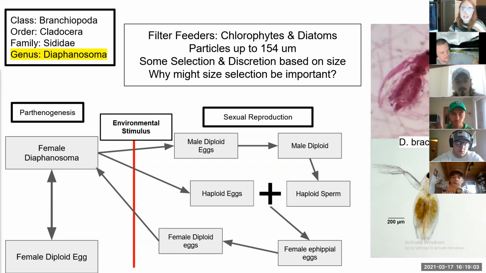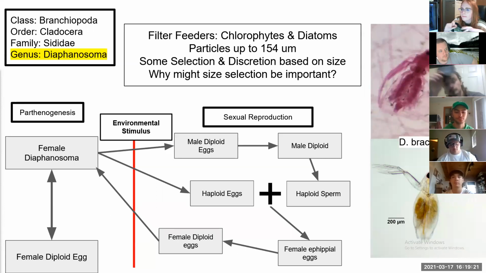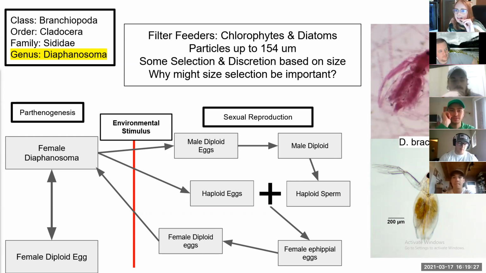So yes, you're getting that environmental stimulus. So some sort of condition has pushed them out of that homeostasis state of parthenogenesis into, okay, we need to sexually reproduce. Does that make sense? Cool. And so that picture right there in red is one of the ones that I've seen in my samples.